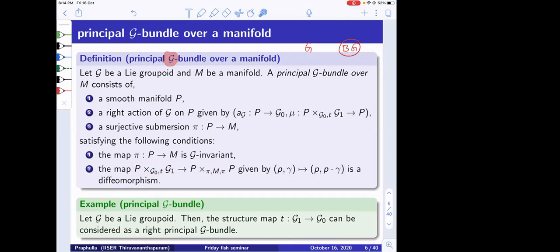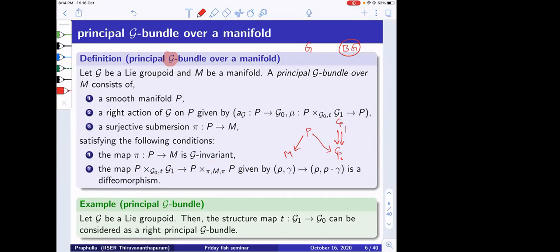This only means the action is free and transitive on the fibers. So usually we denote a principal G bundle by the following diagram. You have a smooth map pi from P to M, and so this is how you denote a principal G bundle over the manifold M.